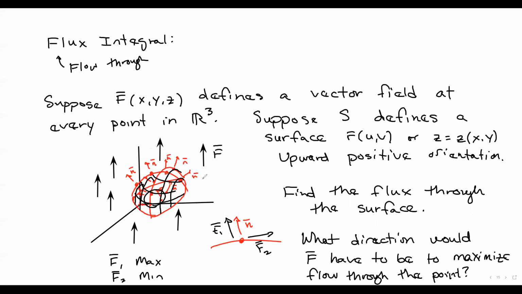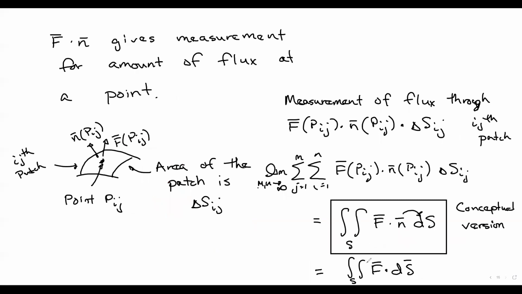All the n's here, we want them to be unit normals. We will take that into account when we go through and do our evaluation version of this formula. But I just wanted to mention that right here, because that n is supposed to be a unit normal, not just any old normal.